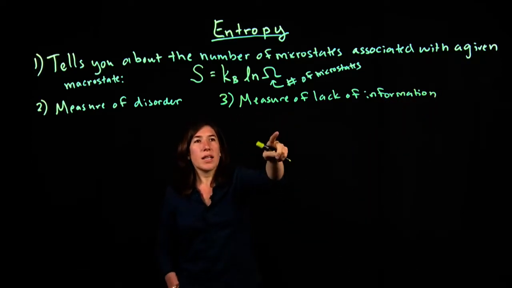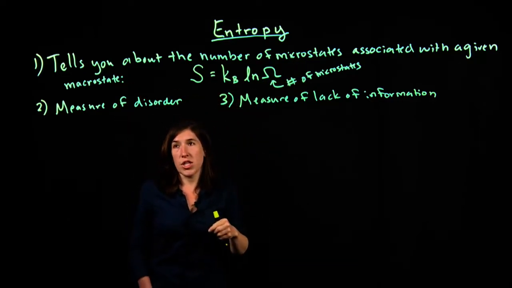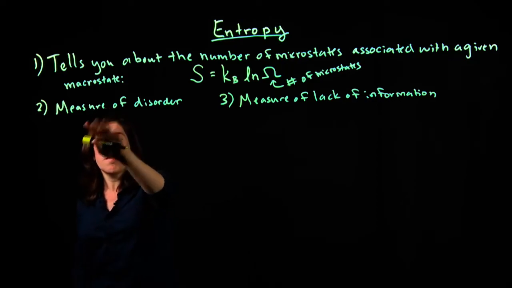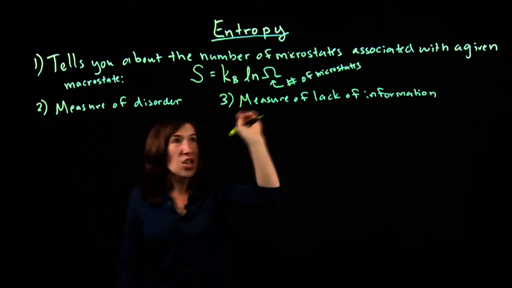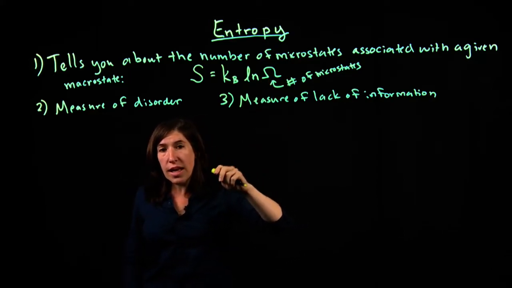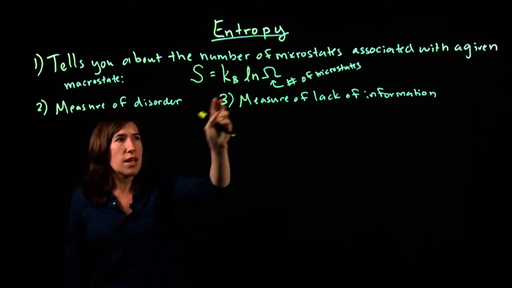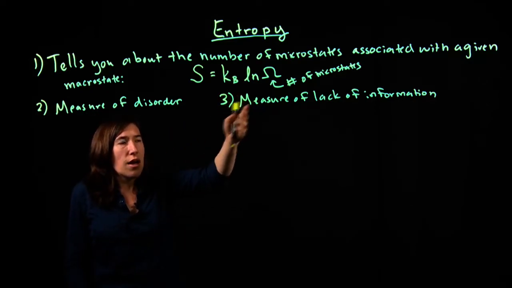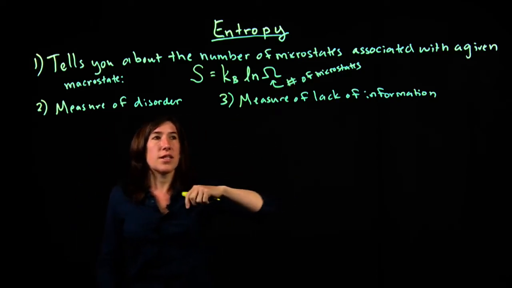And this is really directly correlated to this microstate-macrostate relationship. So if you only know the macrostate of the system, and a given macrostate has lots and lots of microstates associated with it, then there's a lot of information you don't know, because there are many potential microstates you could be in.